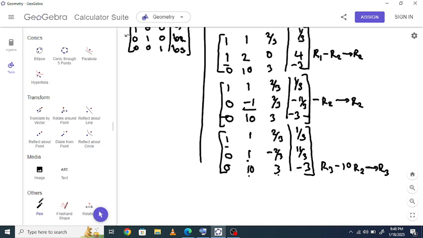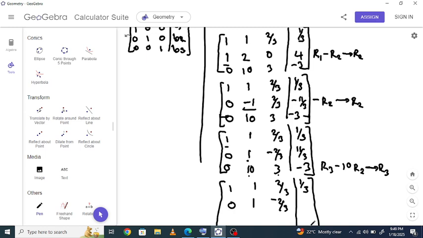That operation, you're multiplying row 2 by 10 and then subtracting it from row 3. Everything else remains constant, so we just copy everything else. We have 1 over 3. Then row 2 is not affected, so we copy it again: -2 over 3, 11 over 3.